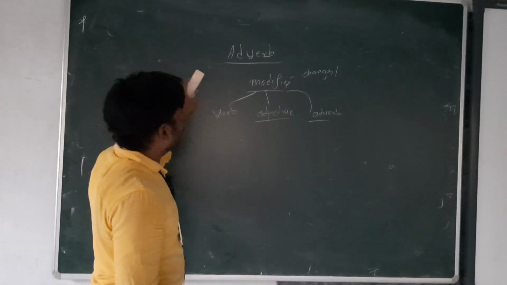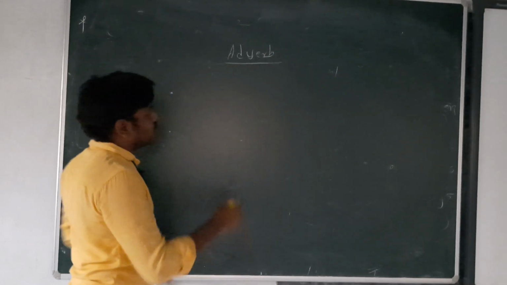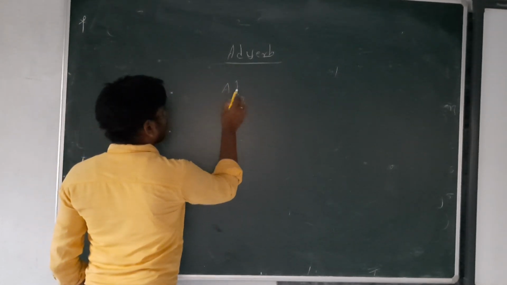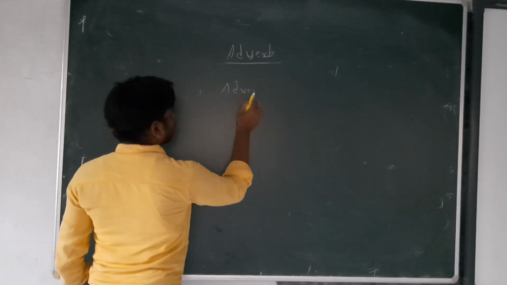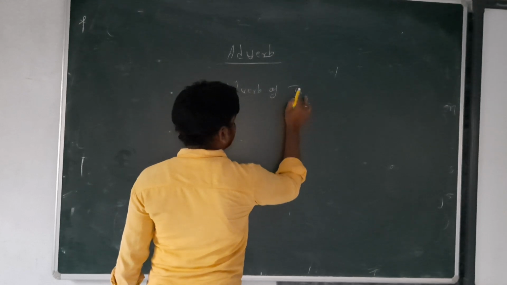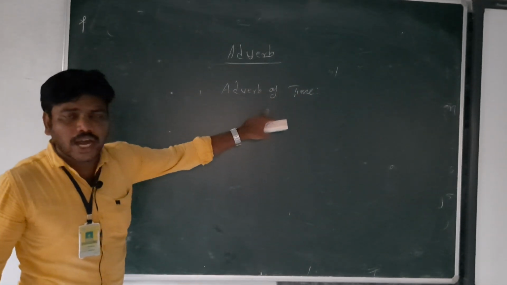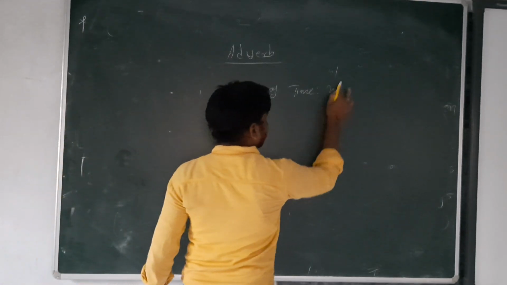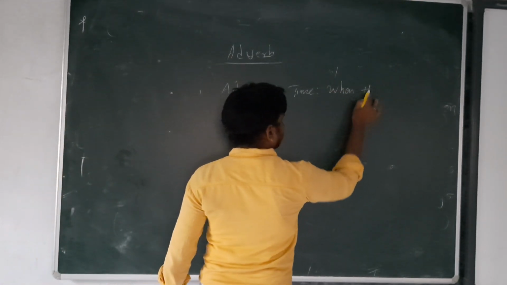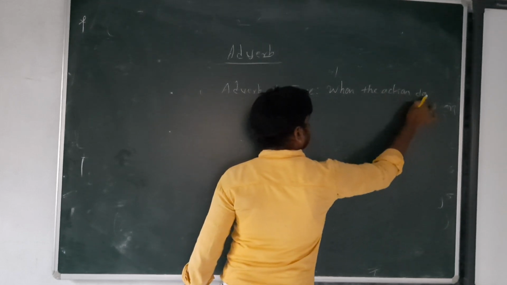Now let us see what are the types of adverb. First one, adverb of time. The first adverb type says when the action is done.